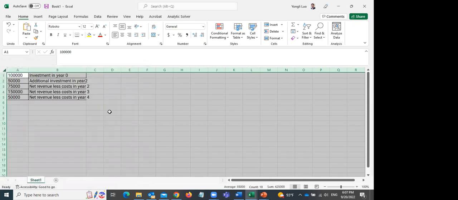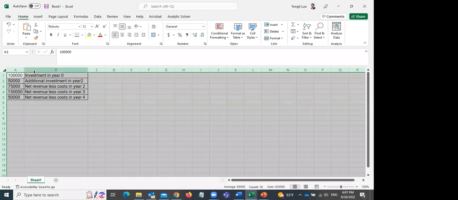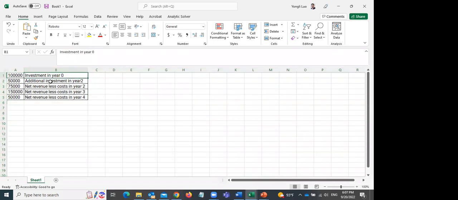Okay, so this is the investment: year 0, year 1, 2, 3, 4. Additional investment in year 2. So basically, what we do is write the year and the cash flows.